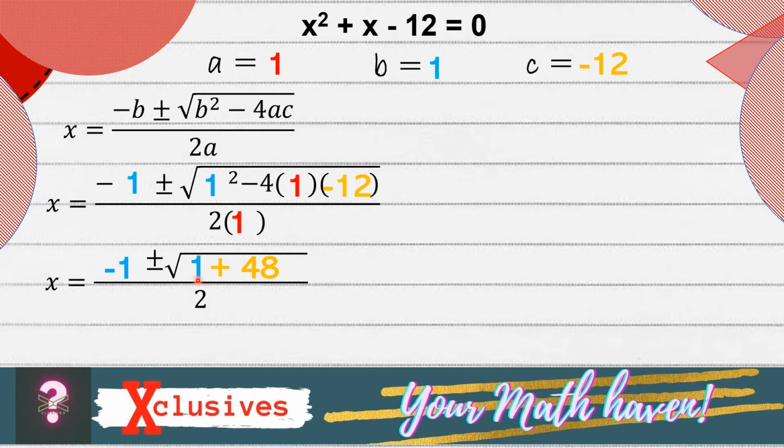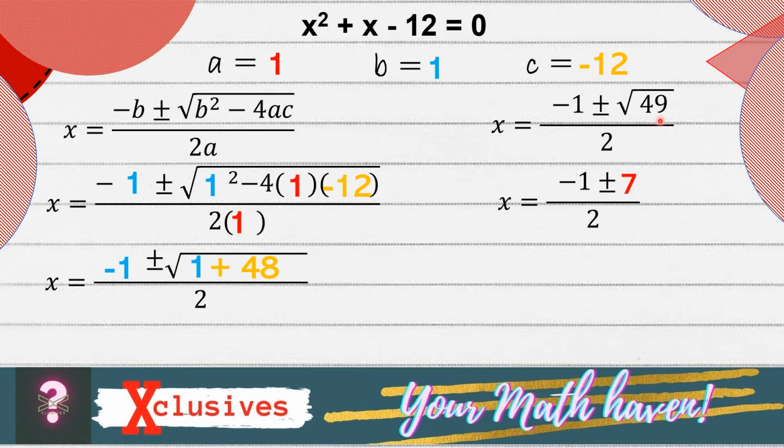Now let us simplify again our square root. We have here 1 plus 48, that is 49. So we can square root now 49. Since 49 is a perfect square number, the square root of 49 is 7.